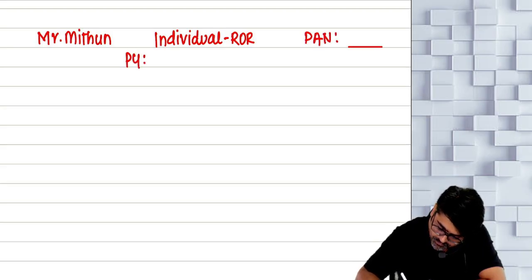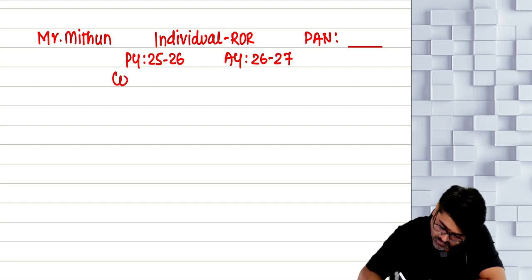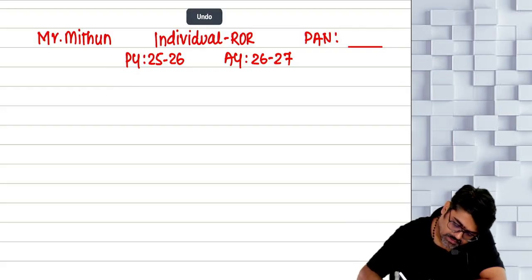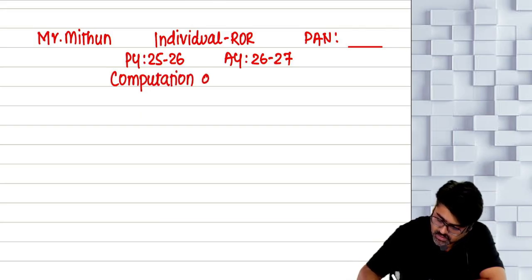Previous year 25-26. Assessment year 26-27. What are you computing? Capital gain, no? Computation of total income.